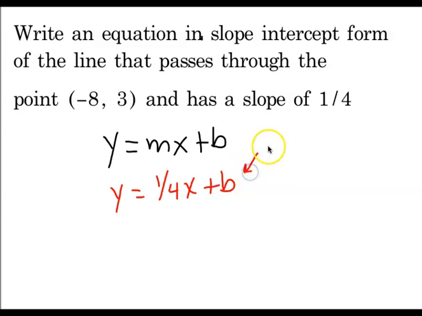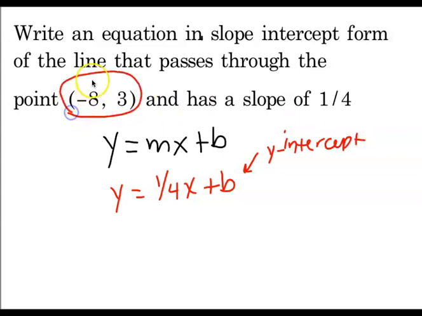I do not know the y-intercept this time, but I am given a point, okay? We know a point is (x, y). So what I can do is sub x and y into the equation and solve for b.